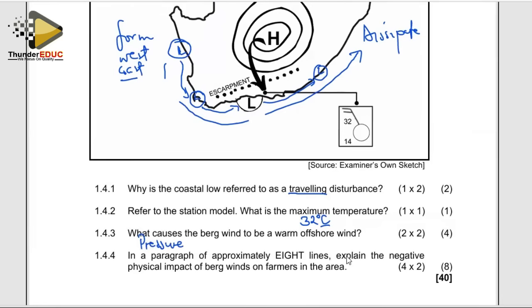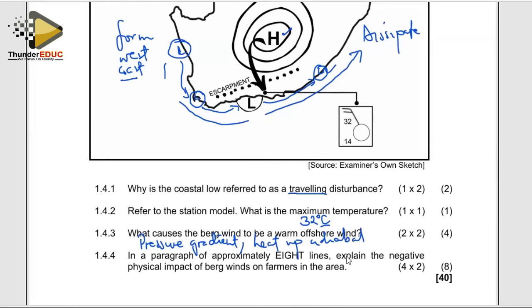They are driven by pressure gradient. That is why they are offshore. Where is the pressure gradient? There is high pressure over land and there is low pressure caused by the coastal low. So as a result, they tend to move from the high pressure Kalahari cell, being driven to the coastal low. And as they go down the escarpment, they heat up adiabatically.